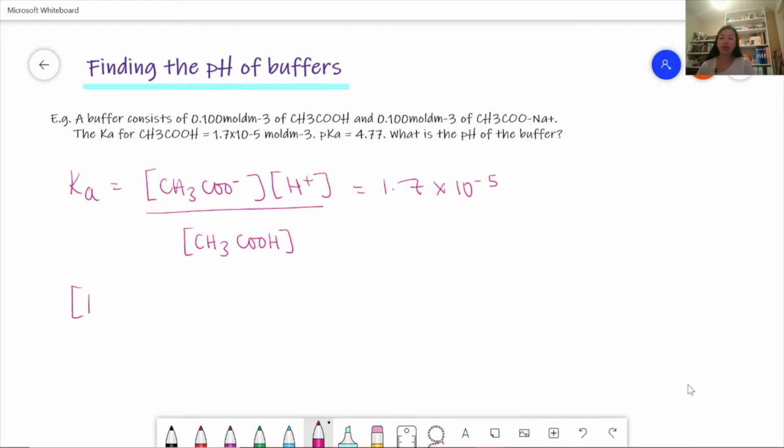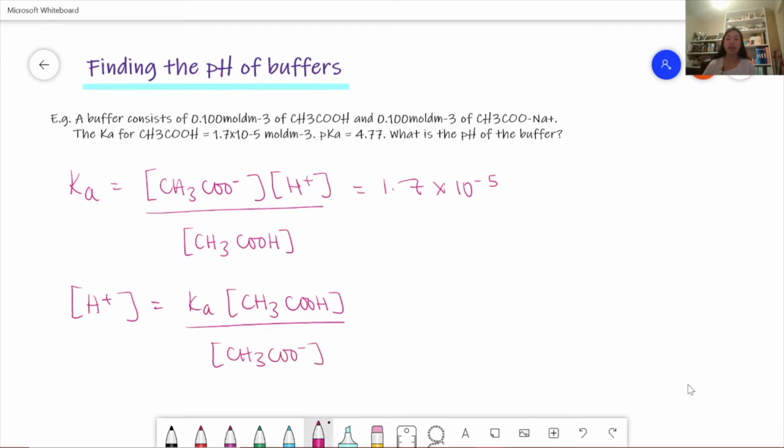So the concentration of H plus is equal to Ka multiplied by the concentration of the ethanoic acid, divided by the concentration of the negative salt. And so we get 1.7 times 10 to the minus 5 times 0.100 over 0.100. This gives us 1.7 times 10 to the minus 5 moles per decimeters cubed for the concentration of H plus ions.